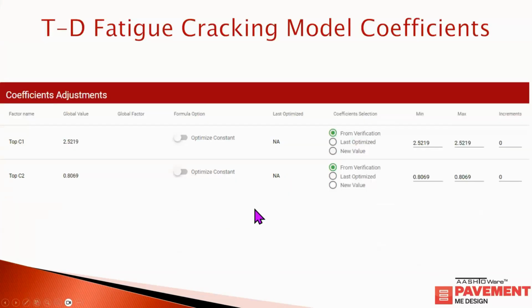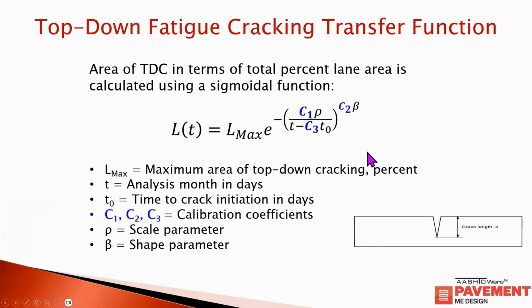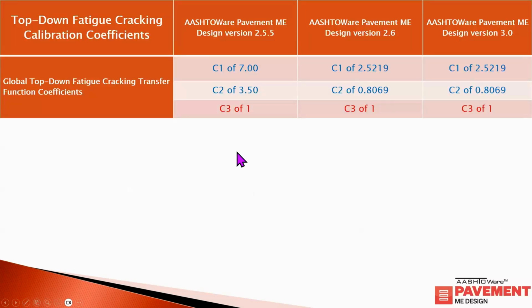Top-down fatigue cracking, there's two coefficients. There's actually three, but C3 is not yet available within the CAT. That was actually a bit of an oversight, but that's another improvement that will be made in the future. This is for the amount of cracking as a function of basically the total possible fatigue cracking, adjusting those coefficients.